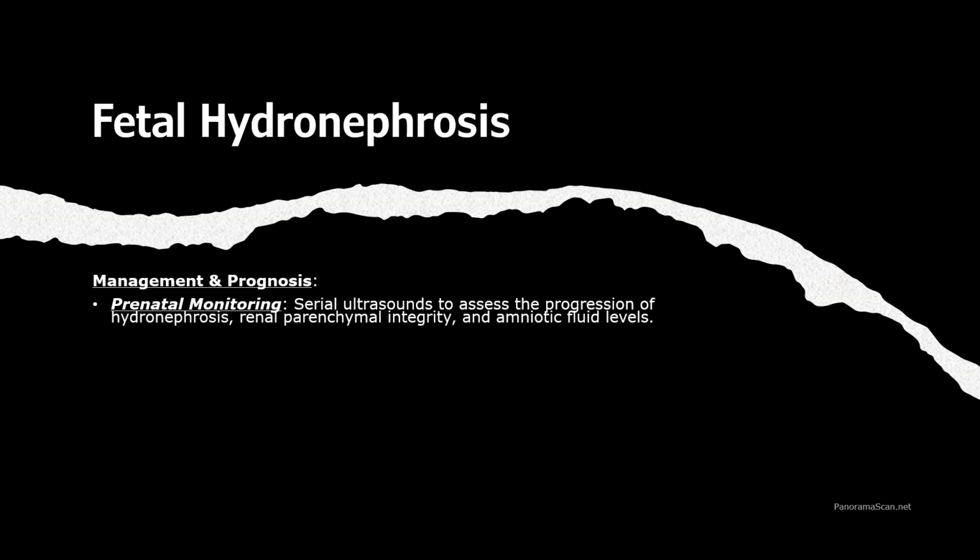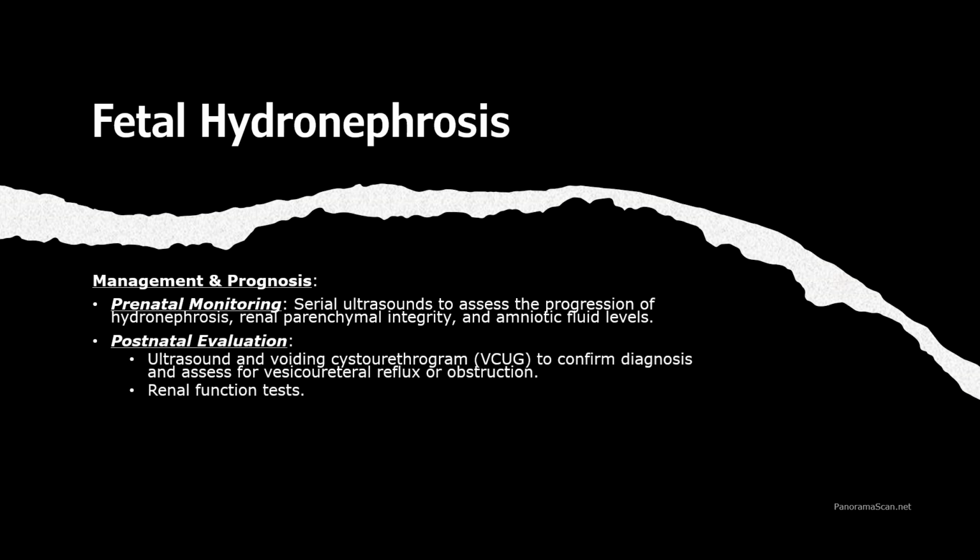It is particularly important to evaluate whether the dilatation is stable or worsening, as this can help predict potential complications after birth. Additionally, monitoring amniotic fluid levels can provide valuable insight, as severe hydronephrosis might be linked to changes in fluid levels.